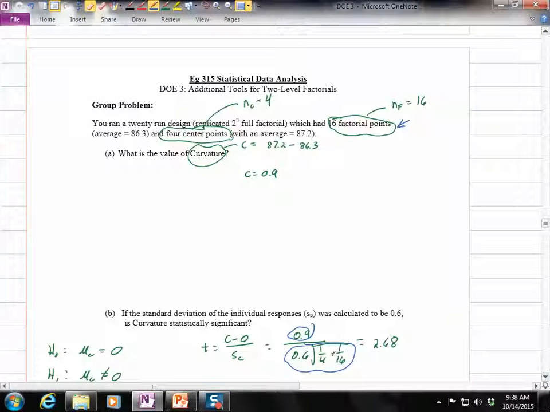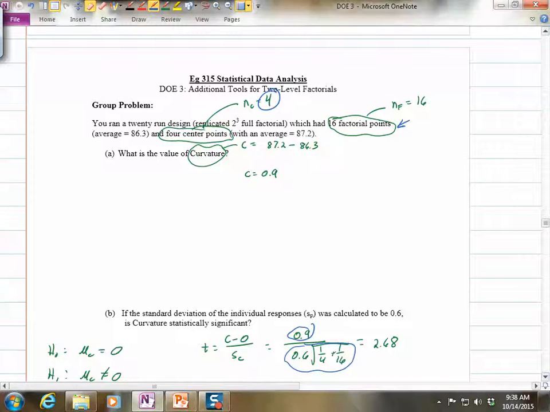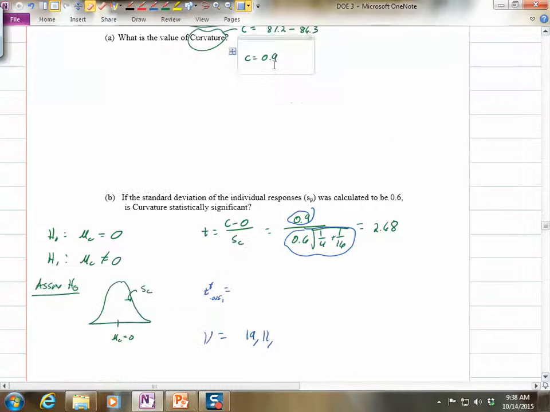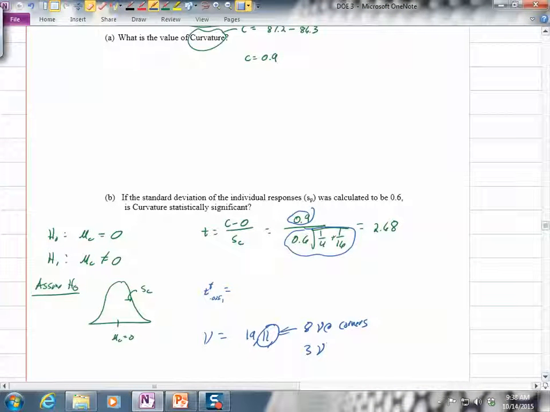Each corner point brings 1 degree of freedom to the party, right? And the center points bring 3. So 8 degrees of freedom at the corners, 3 degrees of freedom at the center. And then when we pool them together, we have 11 total. Good.